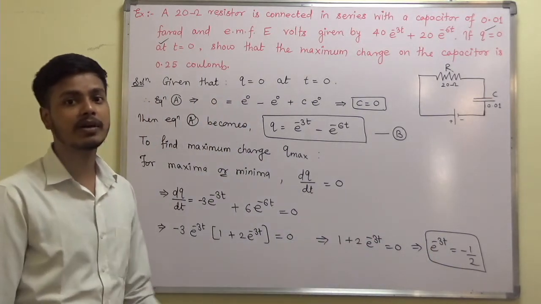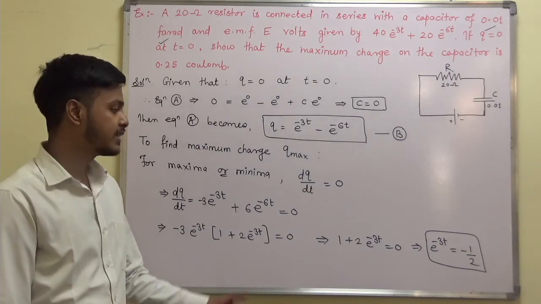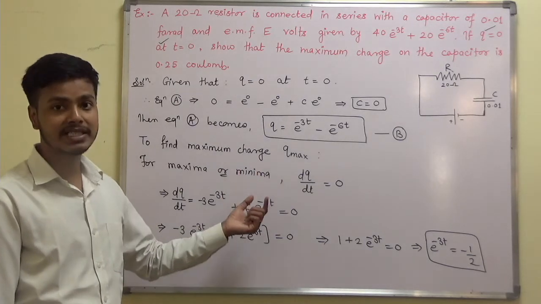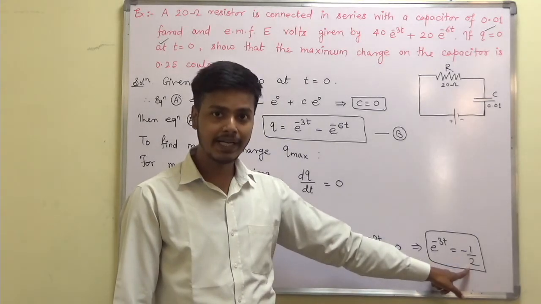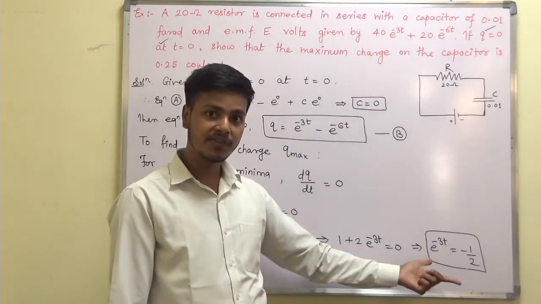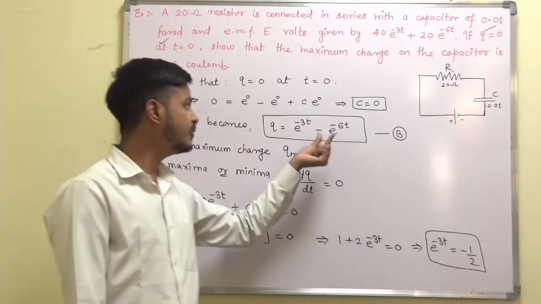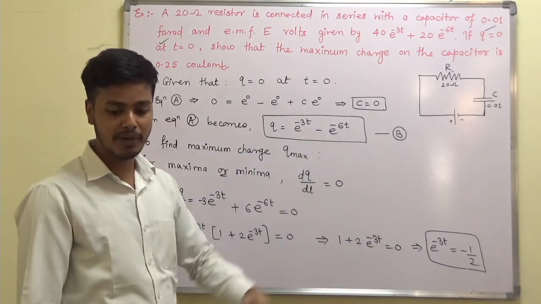If the value comes out to be less than 0, then this function has a maxima at e to the power minus 3t equal to minus 1 by 2. And to get the maximum value, we will substitute this value in q to get q max.